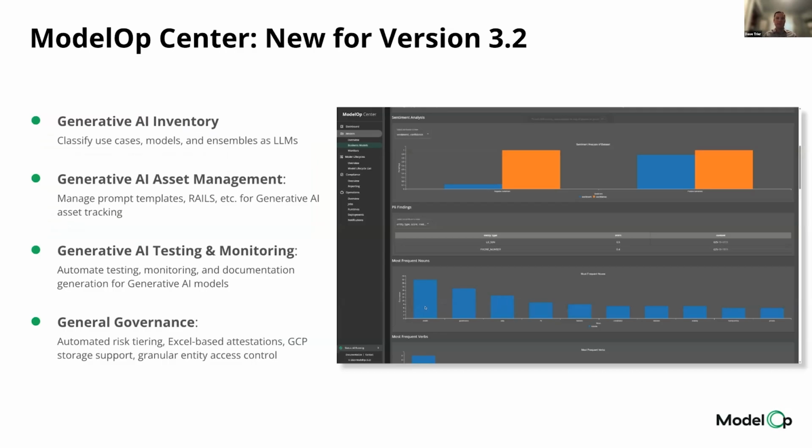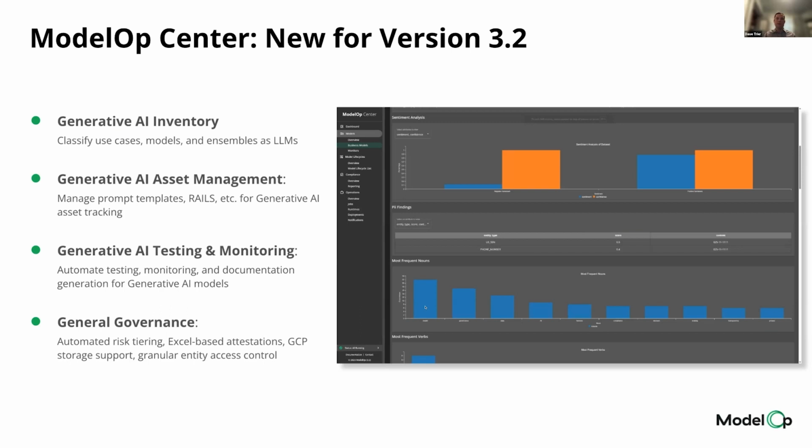With version 3.2, we really help to encompass and incorporate the key concepts that are required to govern generative AI. If you go back to the inventory, controls, and reporting piece of it, the first part is inventory. As part of version 3.2, we've added support to classify different LLM-based models to be able to represent ensembles of your LLM-based use cases, as almost all of the use cases in the generative AI space are almost always ensembles, right?